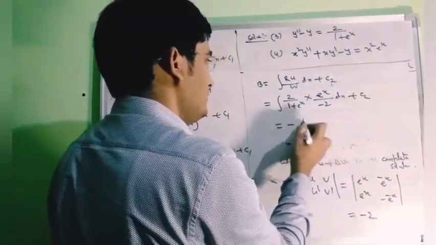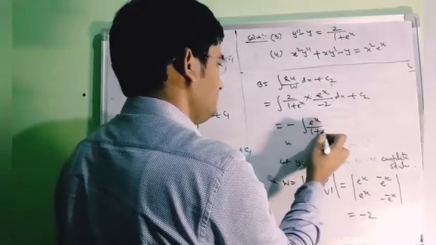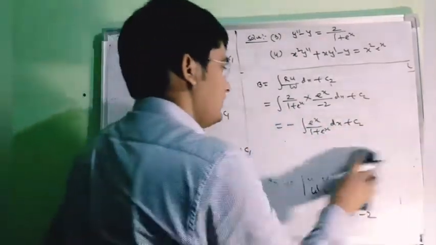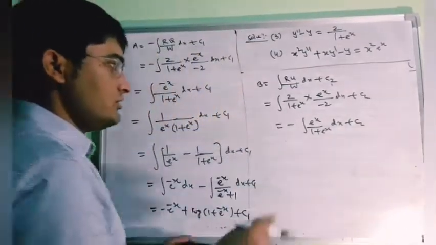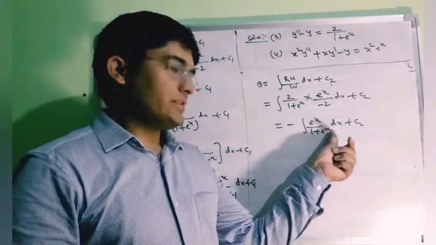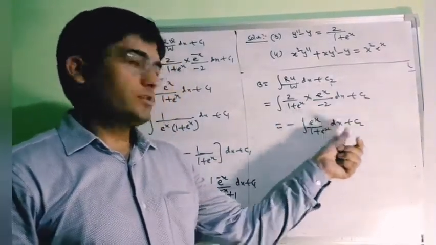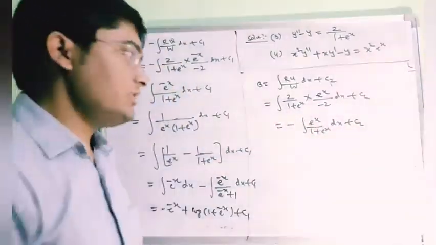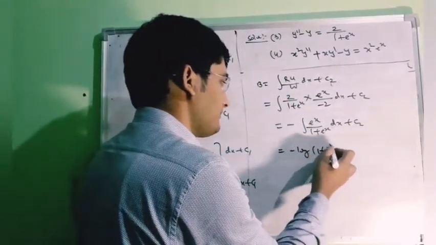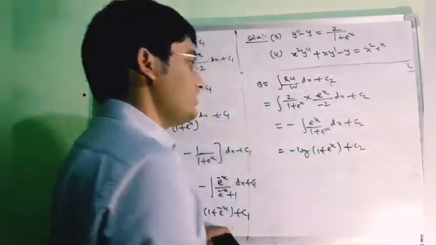And so this is equal to, now if we take 1 plus e to the power x as t, then this will be your e to the power x into dx, that will be your dt. So this is your dt upon t. So we have minus log t, and then the constant of integration.